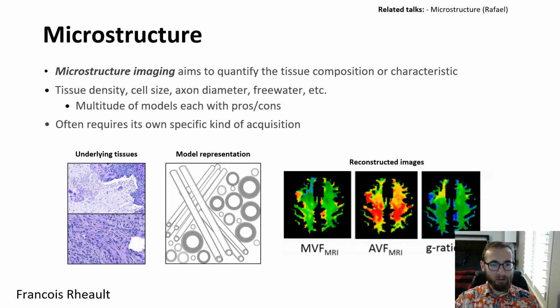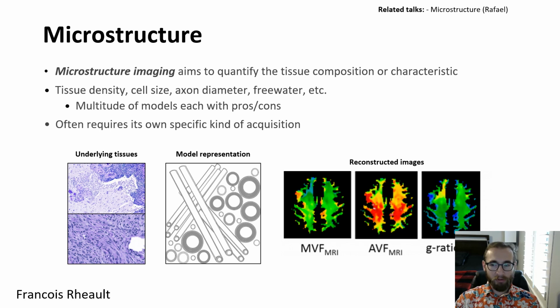If you want to look at values related to average tissue density, cell size, axon diameter, free water contamination, all of these are considered microstructure imaging approaches. Each comes with a model that has pros and cons. I'm sure that Raphael will have a lot more detail about that. This week, Raphael is the expert in microstructure. He has talked about DKI and specifically about microstructure modeling.